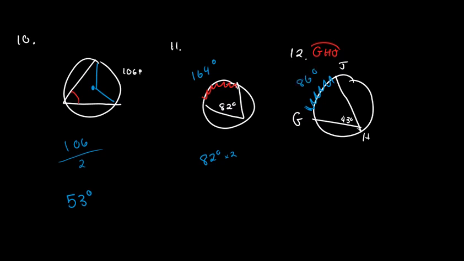However, it doesn't ask for that. It asks for GHJ, so I would have to take that away from 360 degrees. So 360, take away 86 degrees, and that's going to give me 274 degrees.